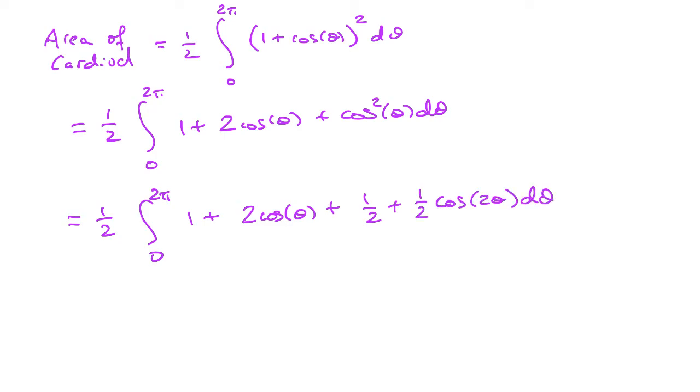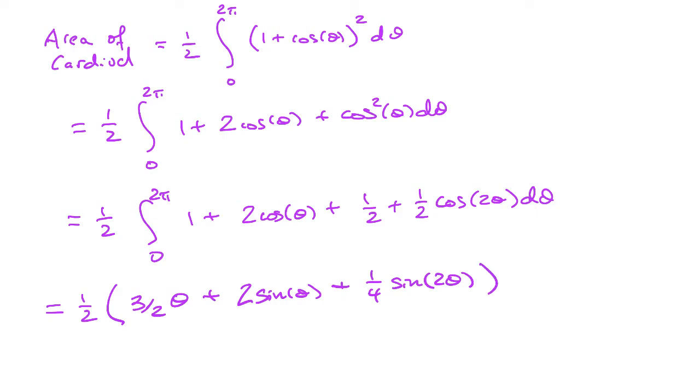So this is going to give us 1/2. 1 plus 1/2 gives us 3/2, so we have 3/2 theta plus the integral of 2 cosine, which is going to be 2 sine. And then our integral of cosine of 2 theta just becomes 1/4 sine of 2 theta. And we have this evaluated between 0 and 2 pi.